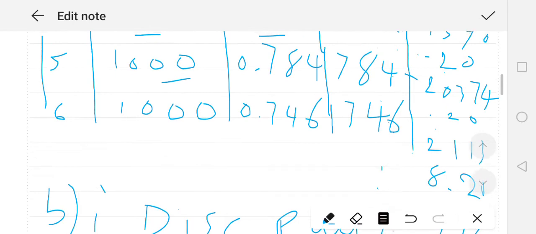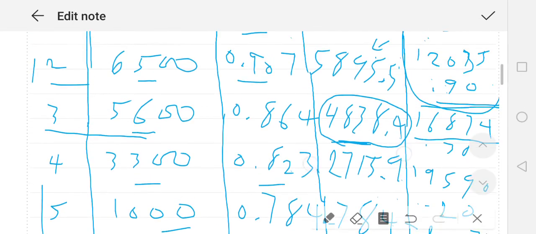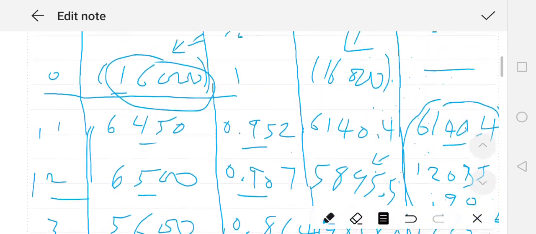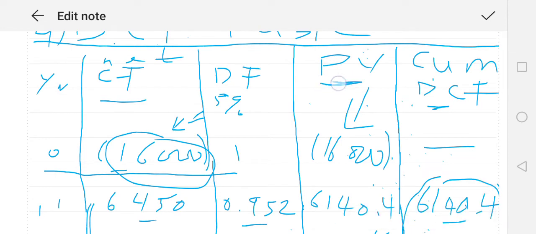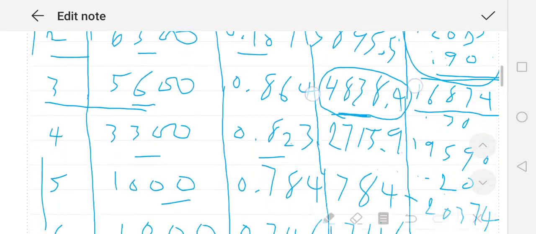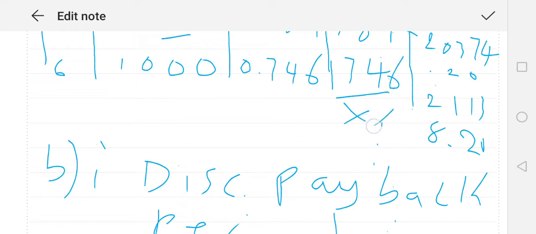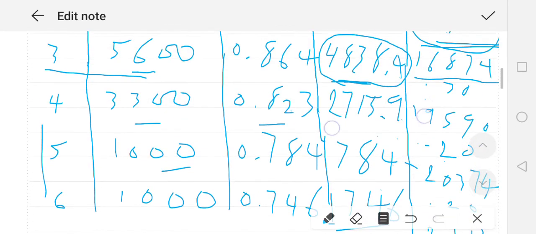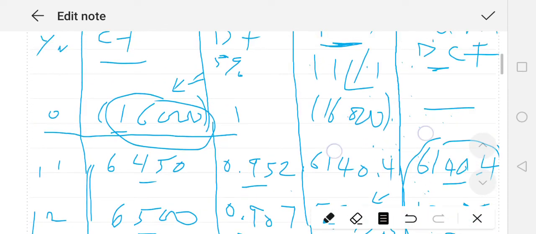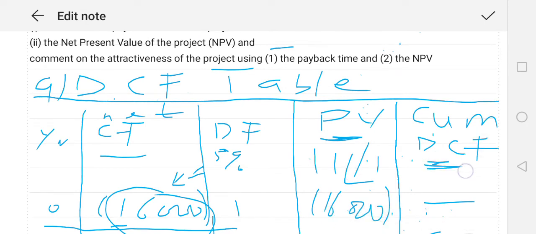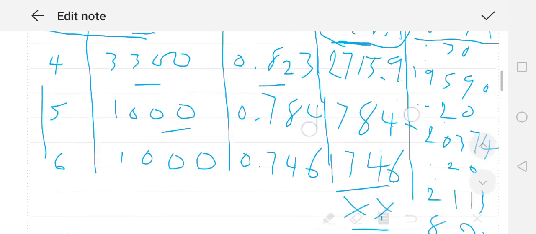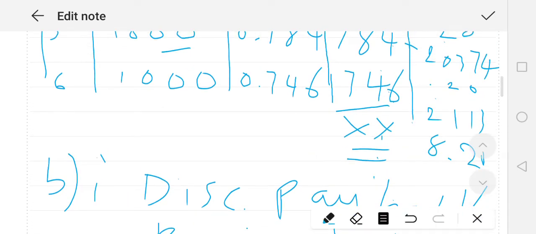We add this column, everything in this column up to year 6, and then we will get the figure. But it is the same thing we have done under the cumulative discounted cash flow. So we cumulated it, and at the end of the 6th year we had a total of what?